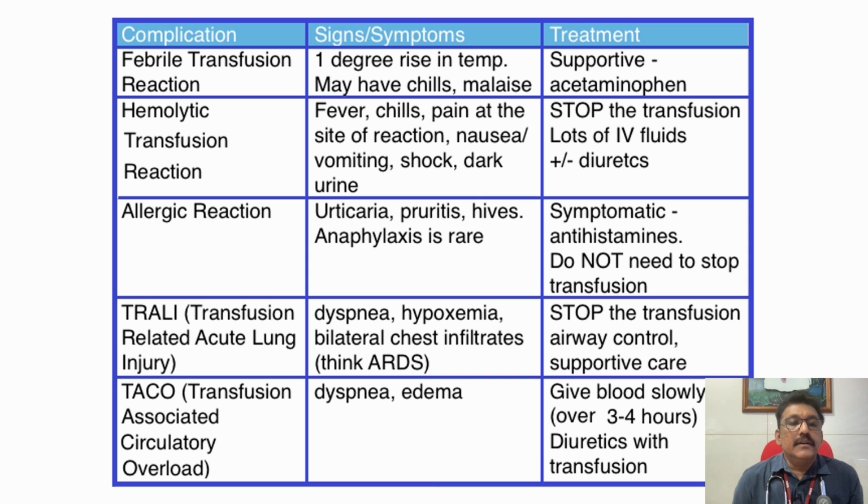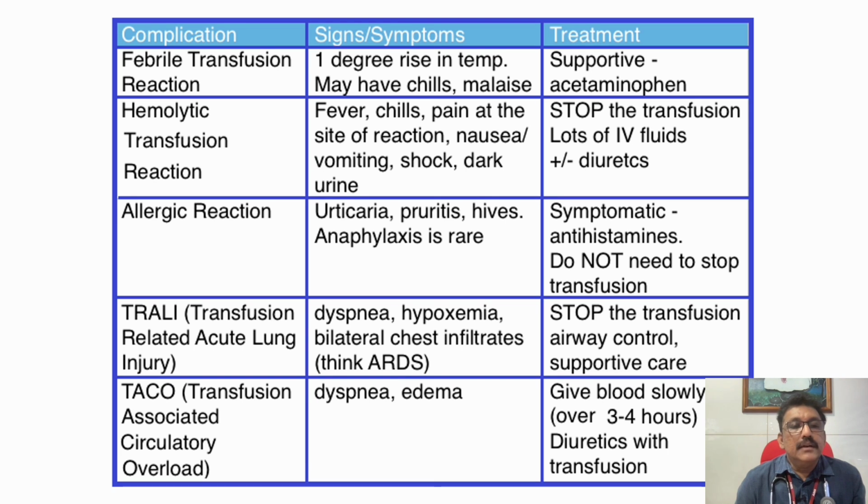TRALI is transfusion related acute lung injury. Here there will be antibodies formed against our system that produce pulmonary vasculature leak and ARDS like clinical features. Normally it occurs less than 6 hours after the transfusion. Very rarely it occurs after 6 hours.